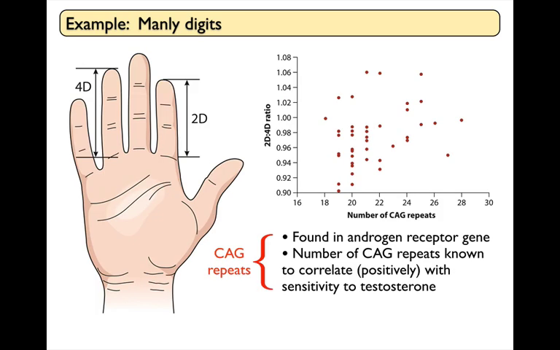All right, I love this example. Okay. Mainly digits. So we got two different variables. There's these CAG repeats, found in the androgen receptor gene. And the number of CAG repeats is known to correlate positively with sensitivity to testosterone. So all the guys are going like this now. So you take your right hand, okay, and what you do is you're relating that number of CAG repeats to this 2D:4D ratio. Okay.